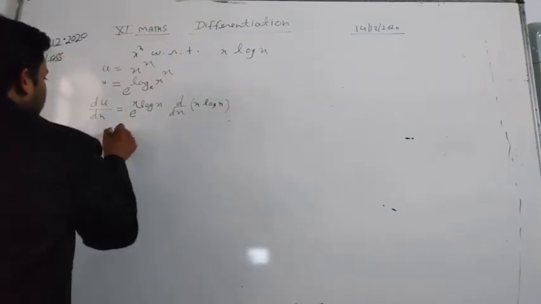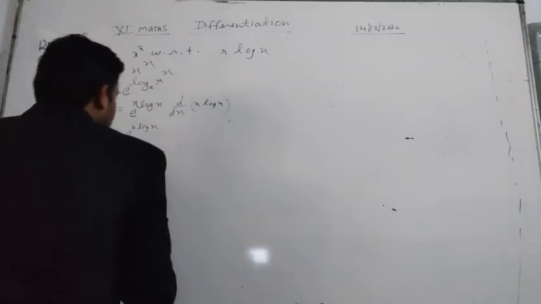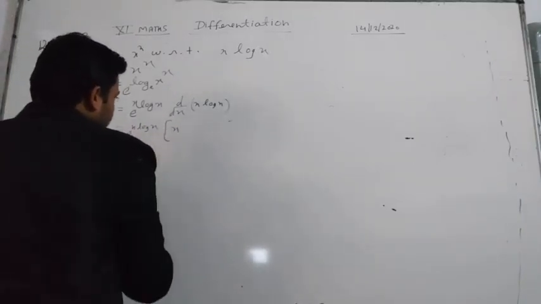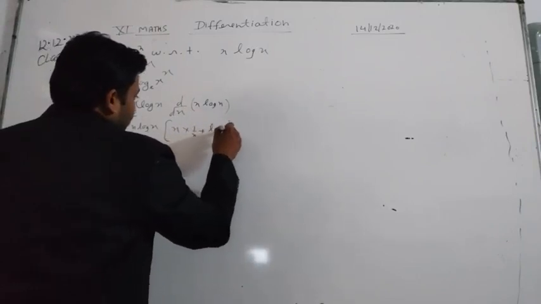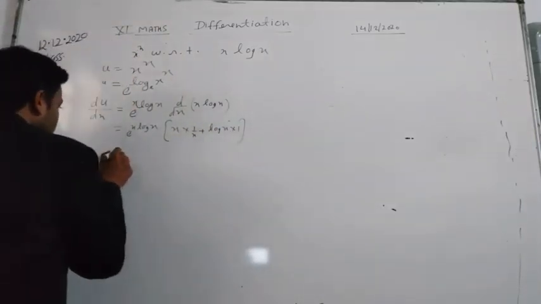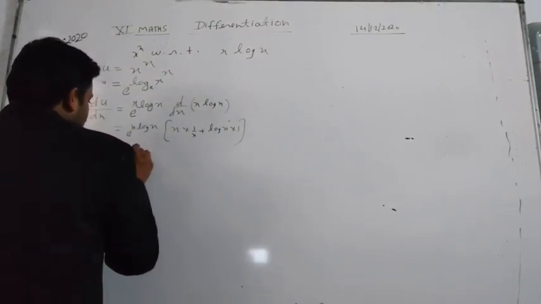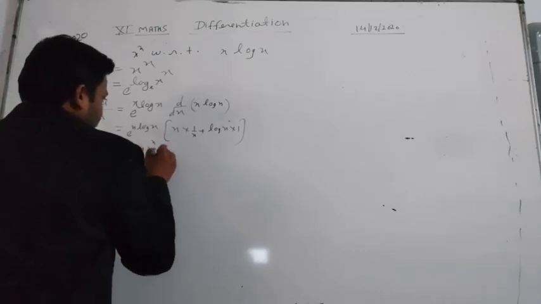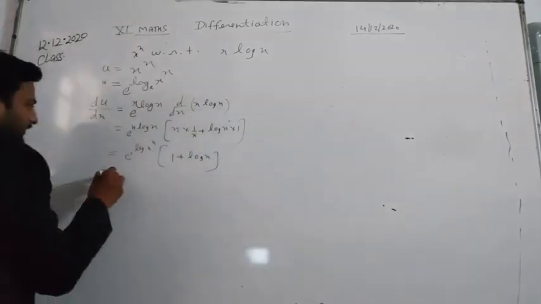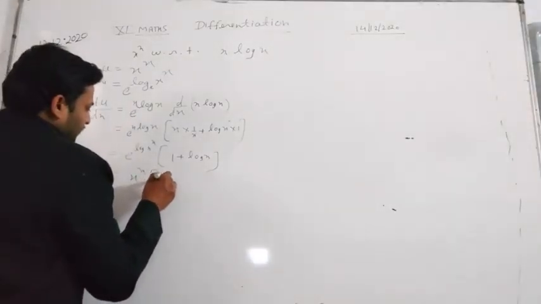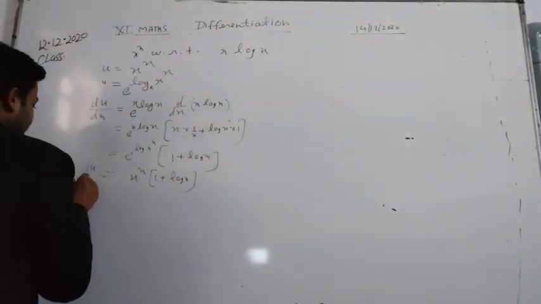Okay, so this is e to the power x log x, and first function times differentiation of second function plus second function times differentiation of first function. Now e to the power x log x can be written as x to the power x, and this is 1 plus log x, so this is x to the power x times 1 plus log x. Okay, so du by dx is this.